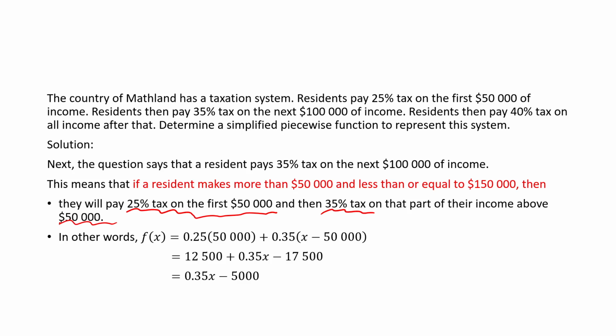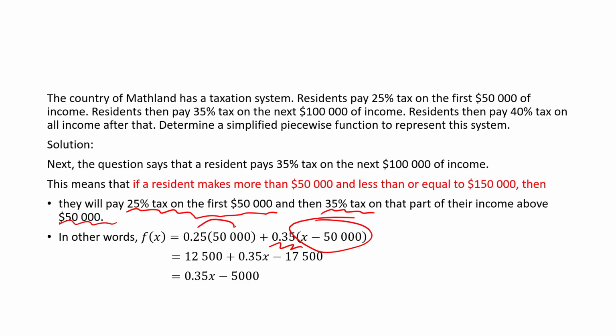The first $50,000 have been taxed at 25%. They're done. There's no more tax there. The 35% tax is just on the new money after the 50,000. In other words, the 35% tax will just be on x minus 50,000, the income they make above 50,000.